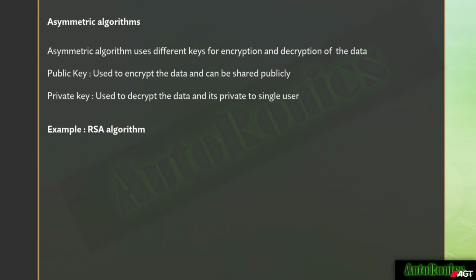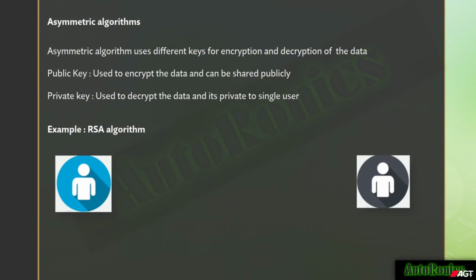Now we'll have an overview of how asymmetric algorithms work, and this is the generic approach for all asymmetric algorithms. Let's say we have a sender and a receiver, where the left person in blue is the sender and the one in black is the receiver. Let's see how the sender encrypts the data in asymmetric logic.